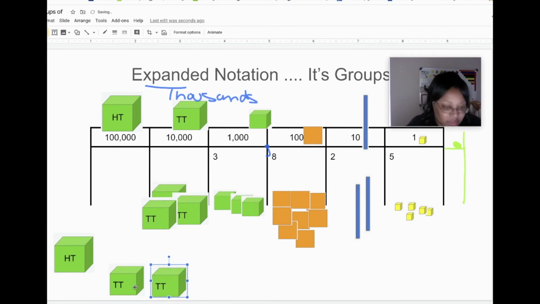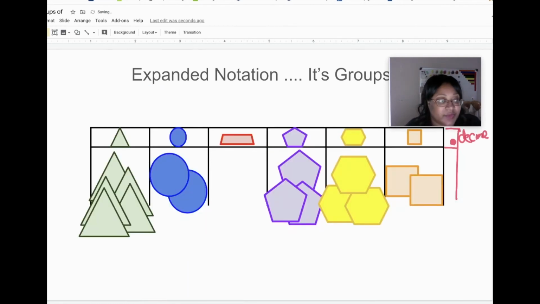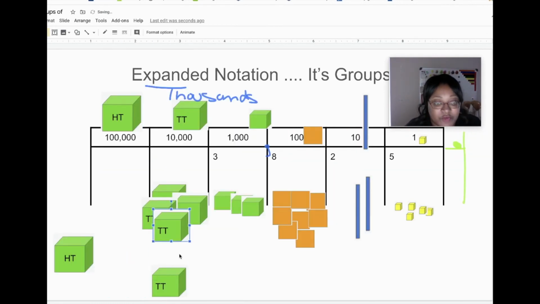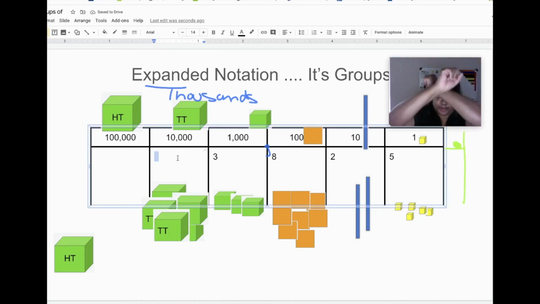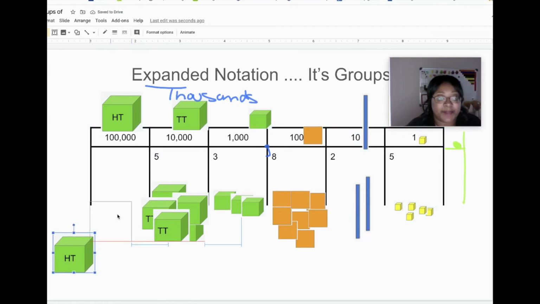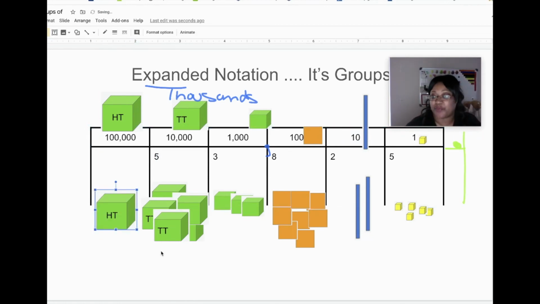Oh, it didn't want to move right. 4, 5. 5 groups of 10,000. And then how many 100,000s do we have? We have 1 group of what? 100,000.